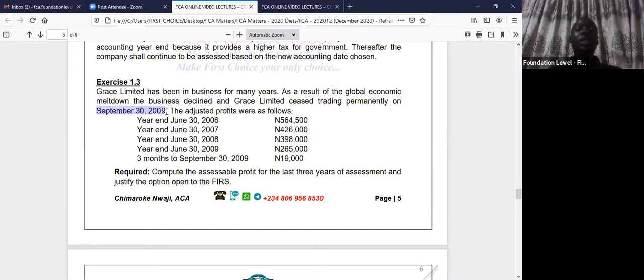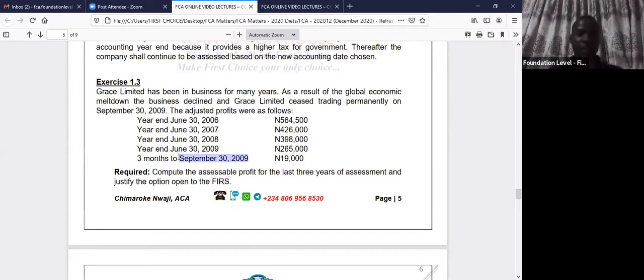Now, in cessation of business, you need to first identify the date the business ended. How will you know? They will tell you the date it ceased trading. If they didn't tell you, just go to the last of the account and pick the date there. That is the date the business ended.